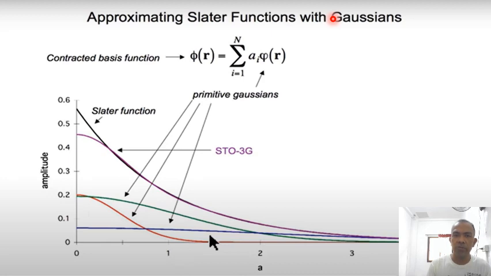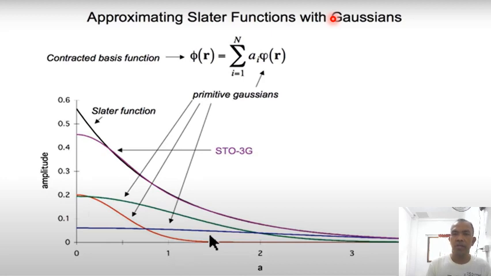There were big gaps in its ability to match, but if you look at the contracted basis function, the purple, it's really quite close.